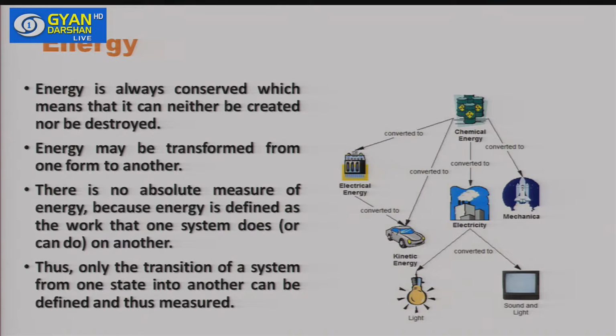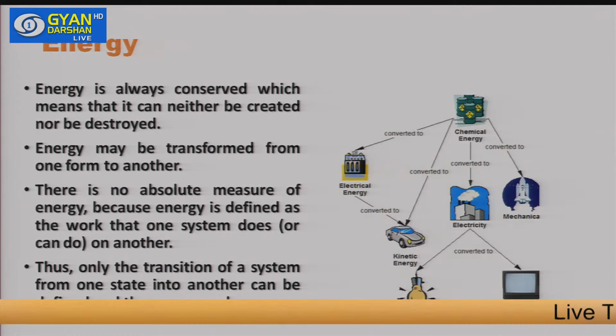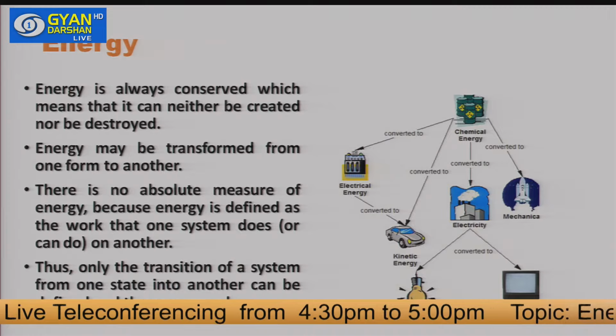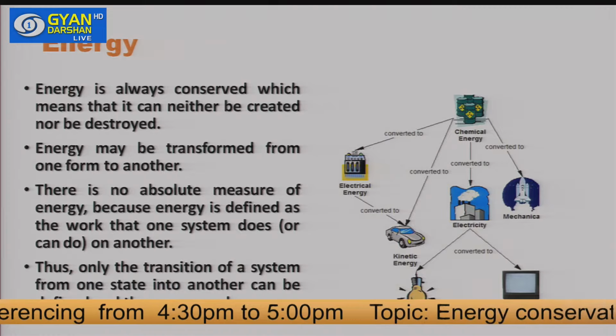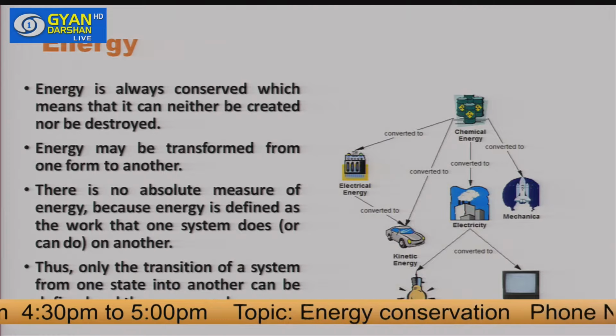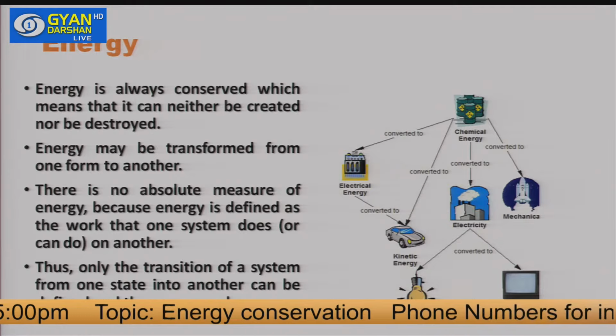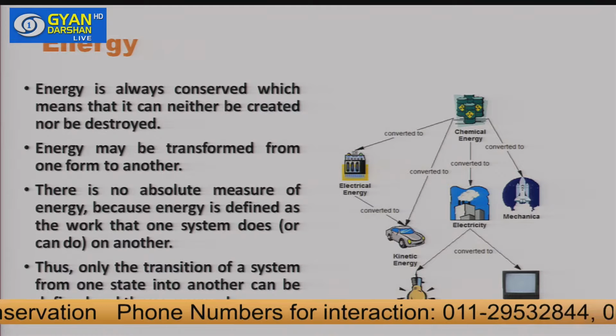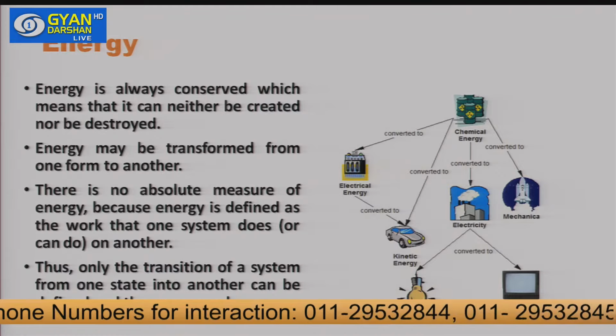For example, we have fuel, and every fuel has chemical energy. And we need heat energy or electrical energy. Then what we do? We convert this chemical energy into heat, and then we utilize this heat energy directly, or we can convert this heat energy again into mechanical energy or electrical energy, depending upon the usage.